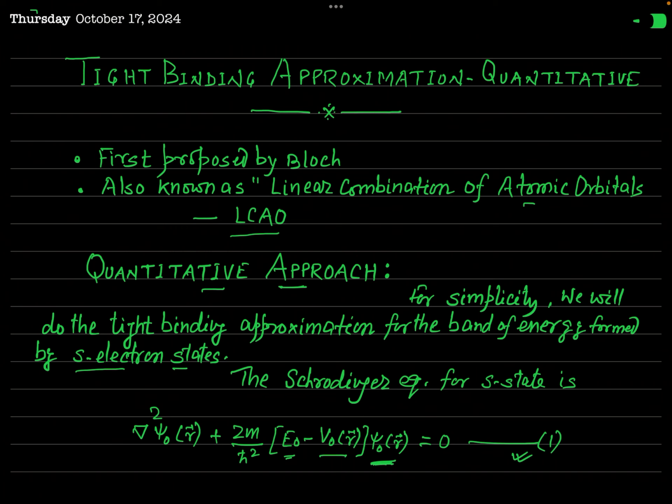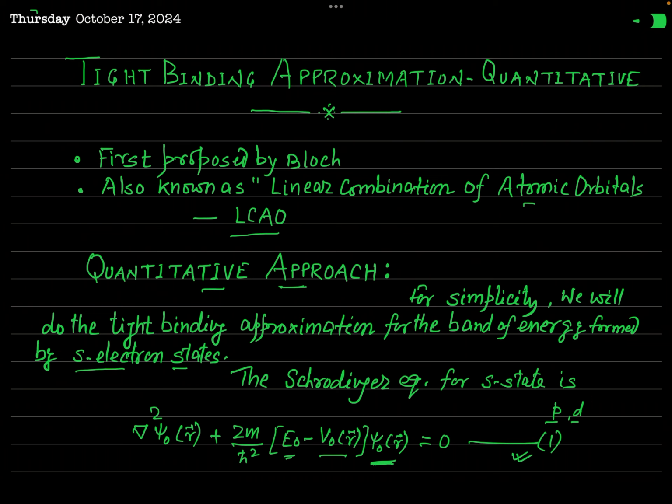In fact, the treatment of degenerate p, d, f and so on levels into the p, d, and so on bands is more complicated. It means if you talk about the band formation of the p level, which is degenerate, or the band formation for the d levels, which is also degenerate, then this problem will become very complicated.